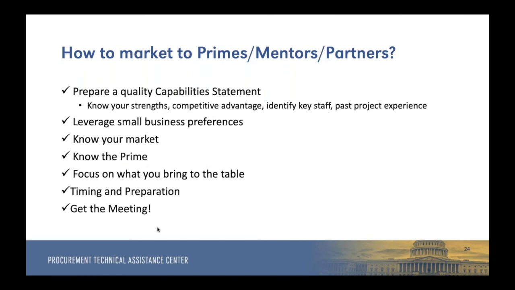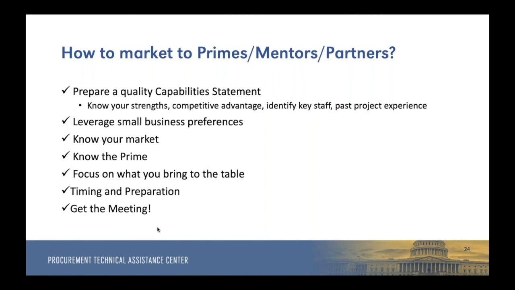How to market to primes and mentors and partners. As I said, have the capability statement, have your elevator speech, know your market, know who the primes are, and timing is very important. You cannot go to a prime and say, I want to subcontract with you tomorrow.